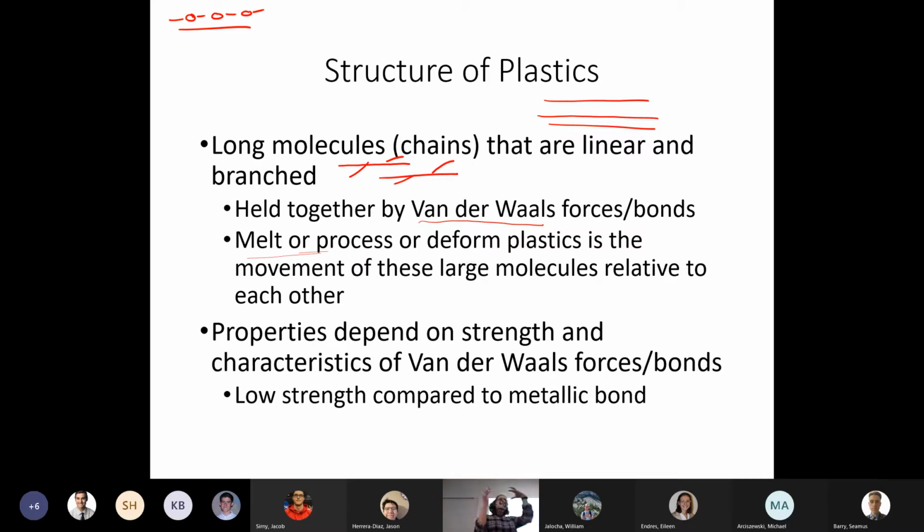Okay, and again, I imagine these very long, large molecules having to flow. Now, as I said, the properties are really dependent on these van der Waals bonds, and we can also remember that these are low strength compared to the metallic bonds. And that's why all the properties of thermoplastics are low compared to that of metals.